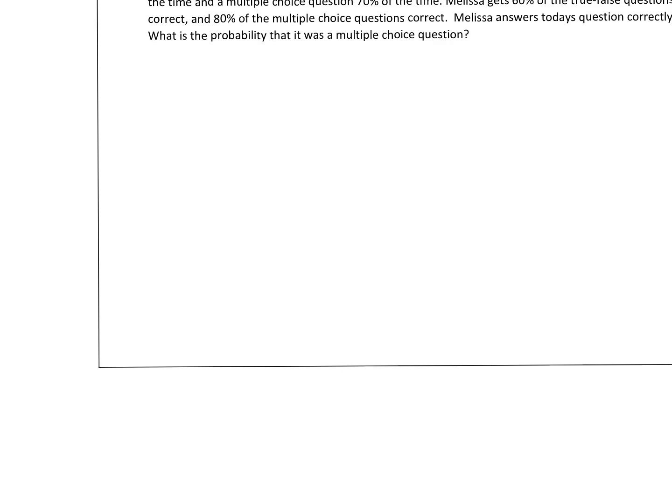Okay, so I know that the probability that he set it and he was late is 0.072. Now, what is the probability that he's late? Well, there are two options for being late, right? He could either have set it and been late, or he could have not set it and been late. So to determine the probability that he did not set it and was late, we want to follow this path where he didn't set it and was late. So that is 0.28 times 0.7, which comes out to be 0.196.